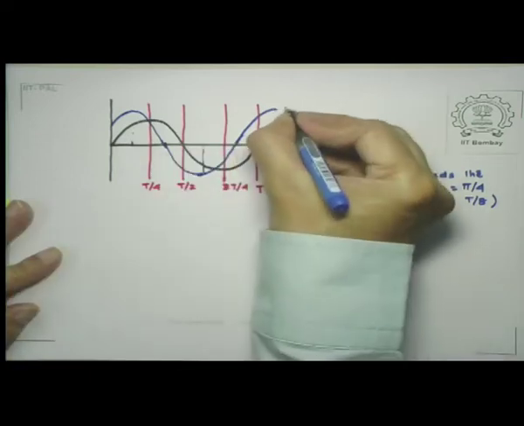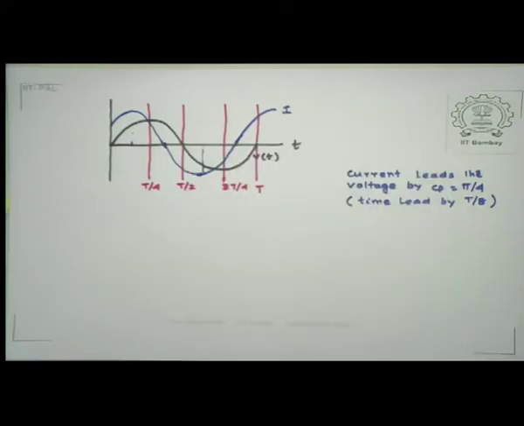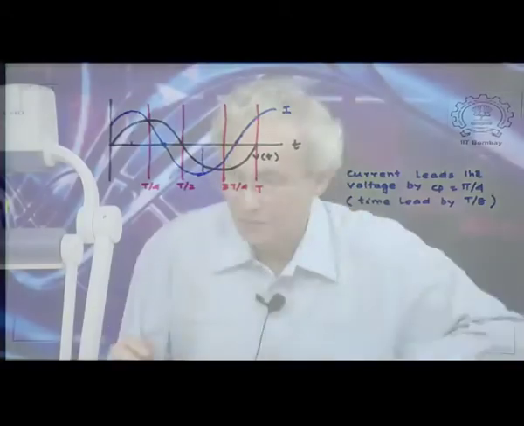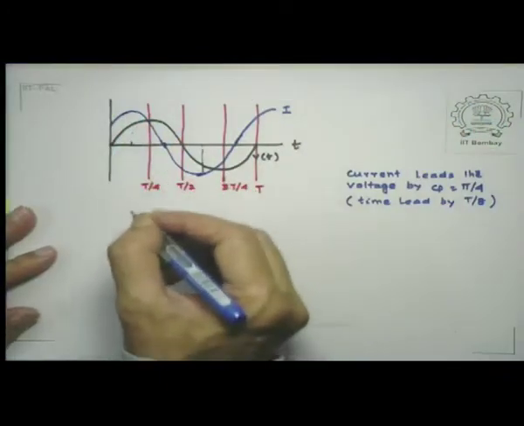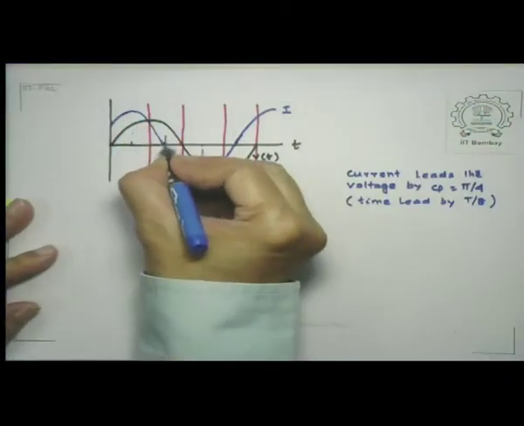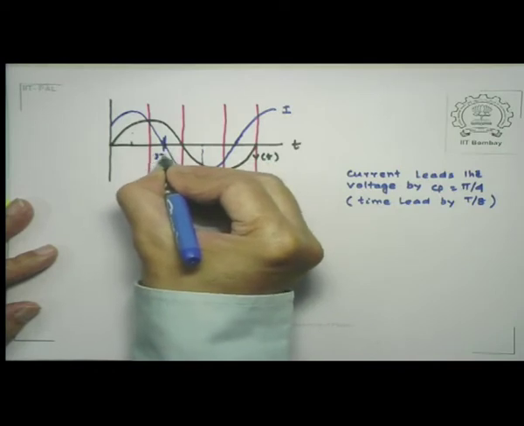So this is the current. If you look at this picture, something like this happens from 0 to 3T by 8, and this is the point which is 3T by 8.